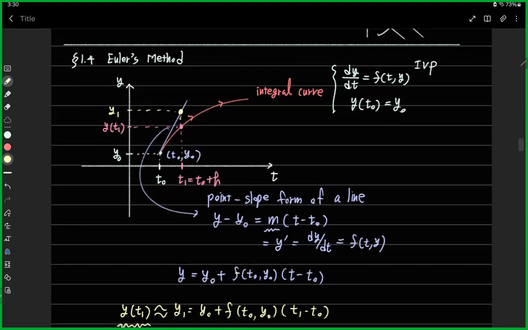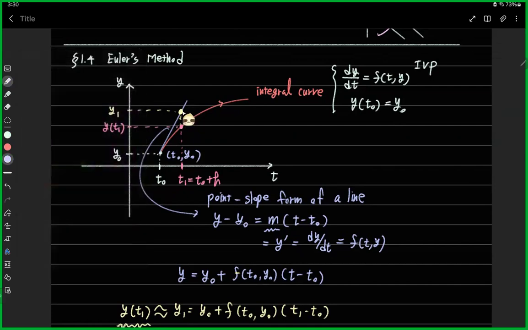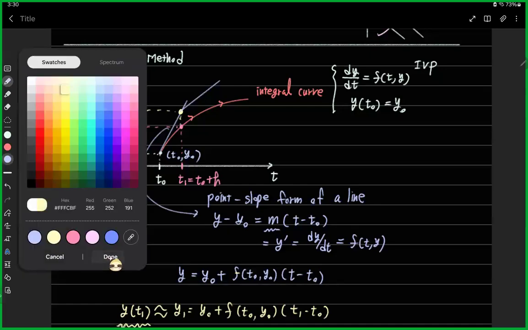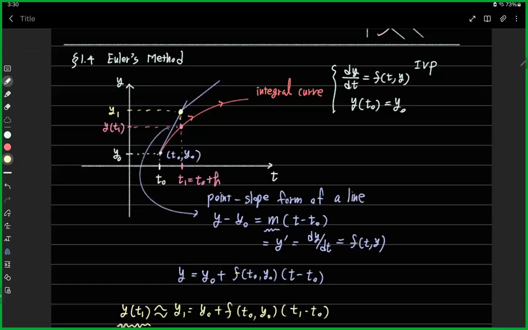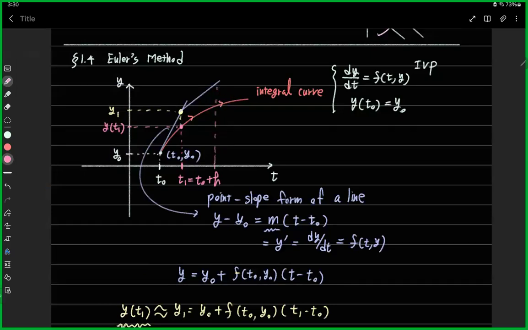Once you got this, what are you going to do? At this point, we're going to find the slope of the tangent line again. Let's say this is t2, which is t0 plus 2h, and here is a point, y sub 2.